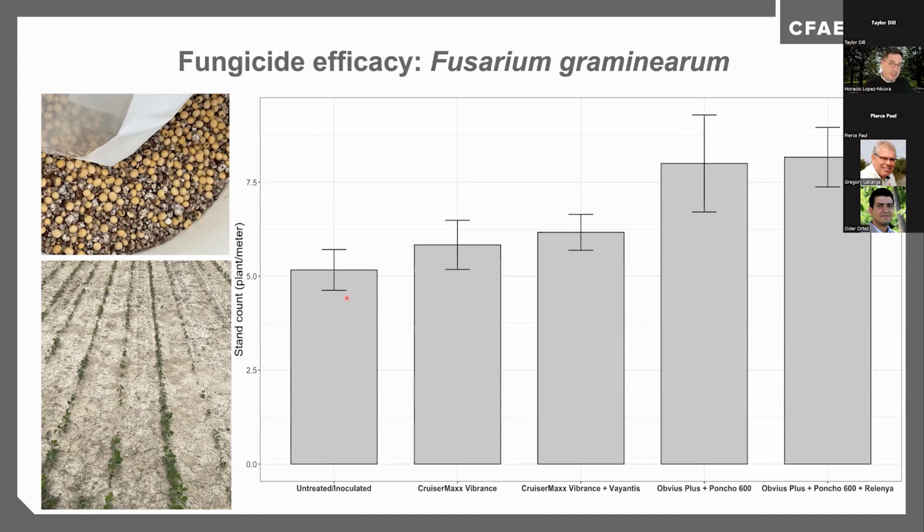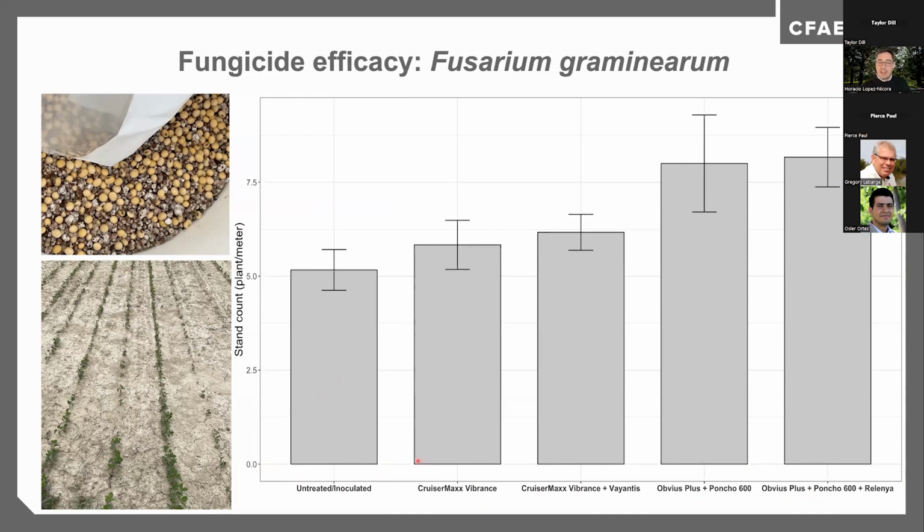So what I'm showing you here on the y-axis is the stand count. We go with a meter stick and we evaluate how many plants came out, emergence, on the untreated and inoculated plots. And then with all the other plots with the seeds that received the fungus, but also the seed treatment.